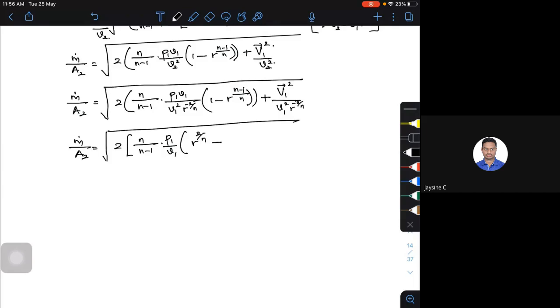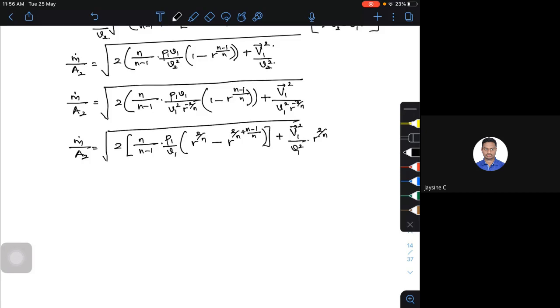This will be r to the power of 2 by n plus n minus 1 by n. If I take n common, this will become n plus 1 by n. This will be capital V1 square divided by small v1 square into r to the power of plus 2 by n.